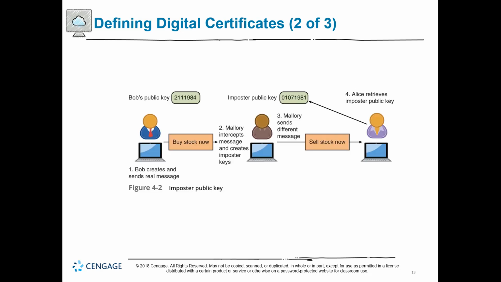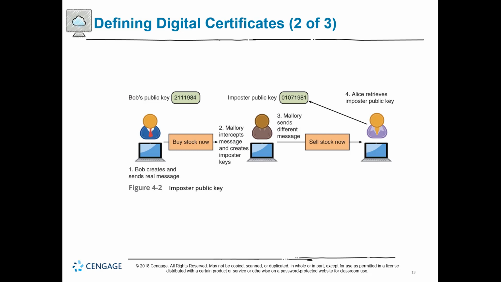So here's a good example of how digital certificates are used. Bob will create a real message, and Bob will have a public key. We have some form of man in the middle who will receive the message and then generate a different key.